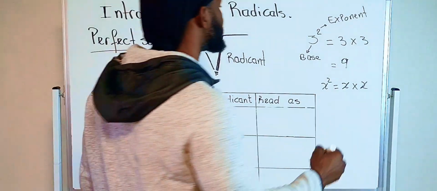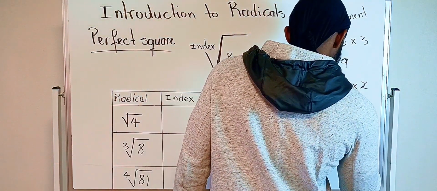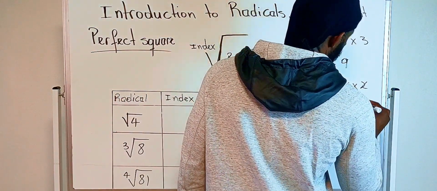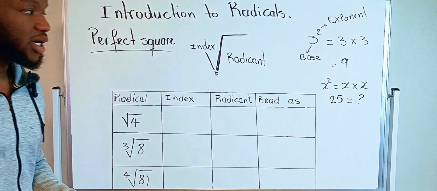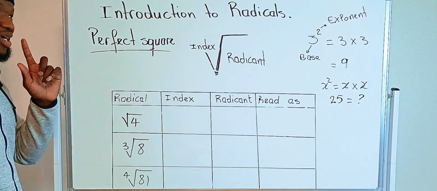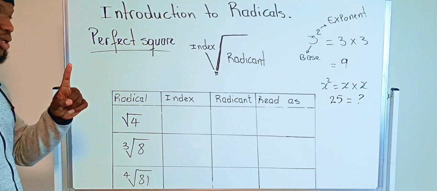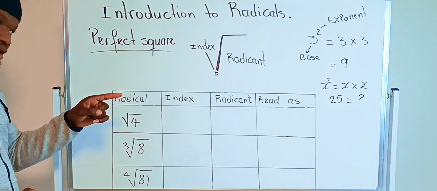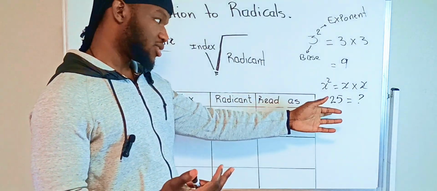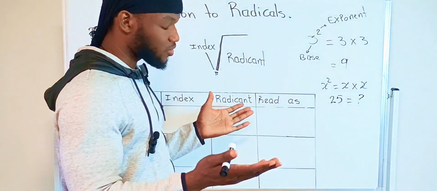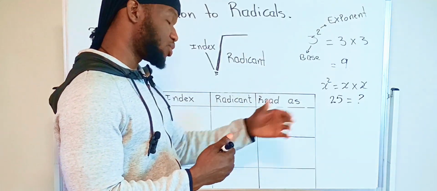Let's say, for example, 25. Is 25 a perfect square? Let's see by definition. I know a perfect square is a number, or a variable too, but in this case, this is a number.